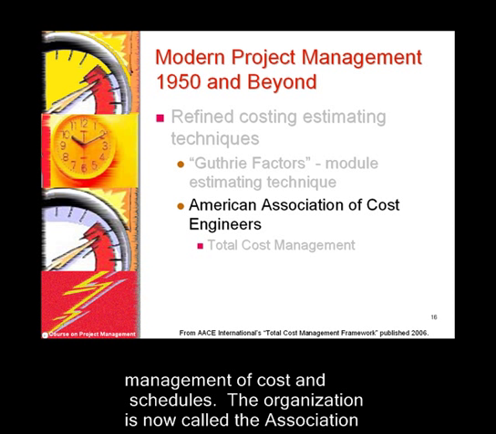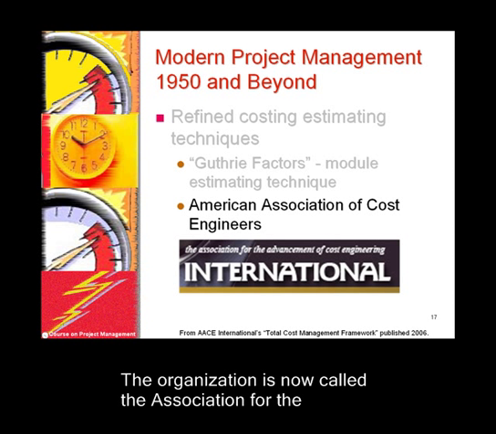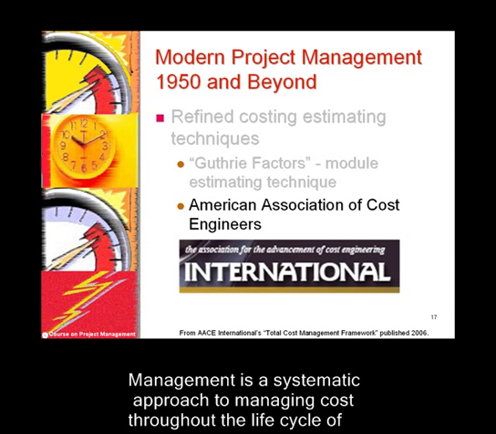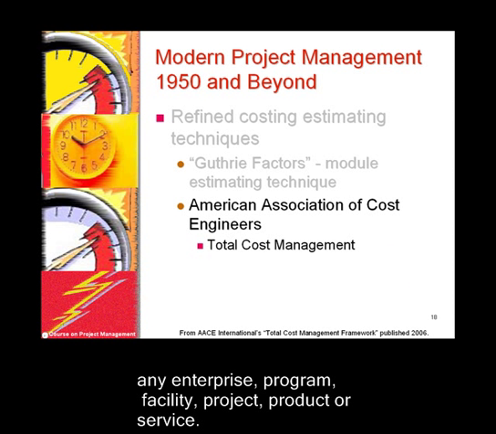The organization is now called the Association for the Advancement of Cost Engineering. The American Association of Cost Engineers Total Cost Management is a systematic approach to managing cost throughout the life cycle of any enterprise, program, facility, project, product, or service.